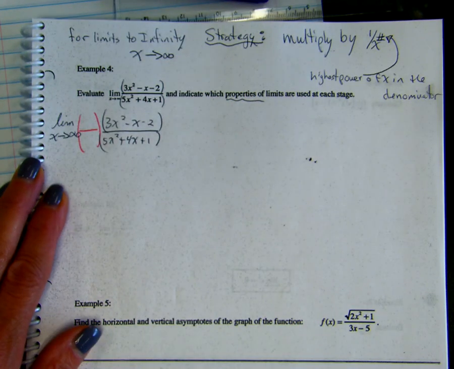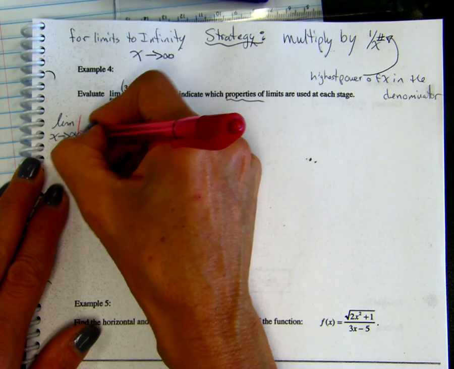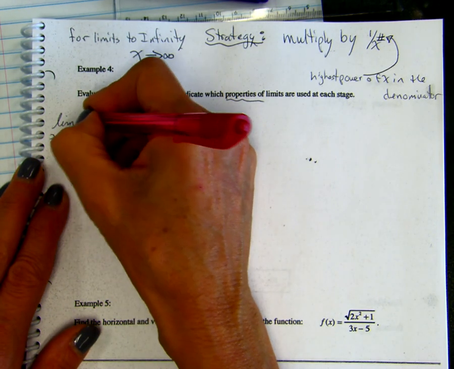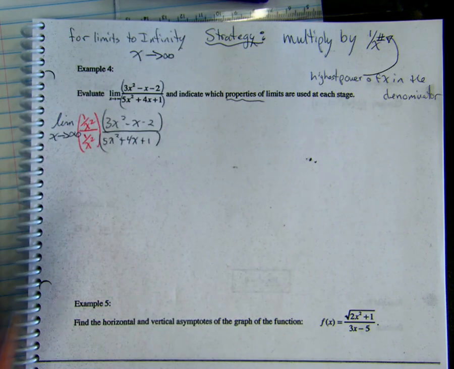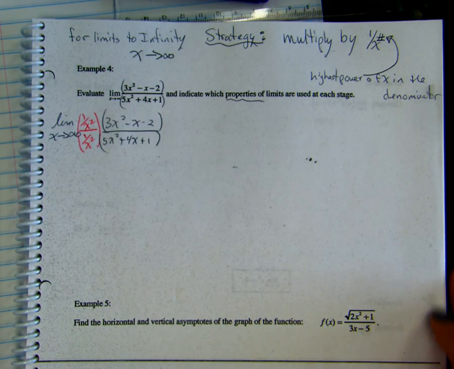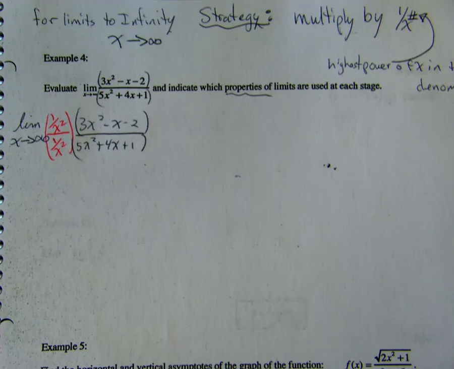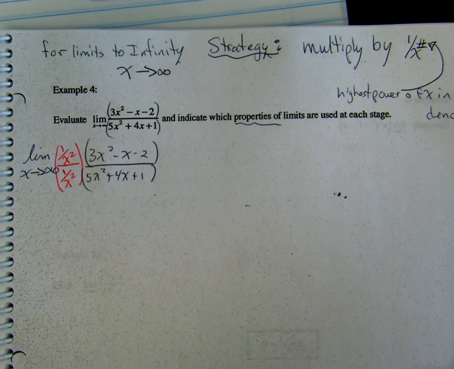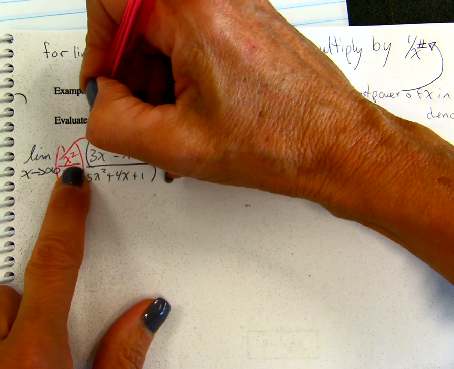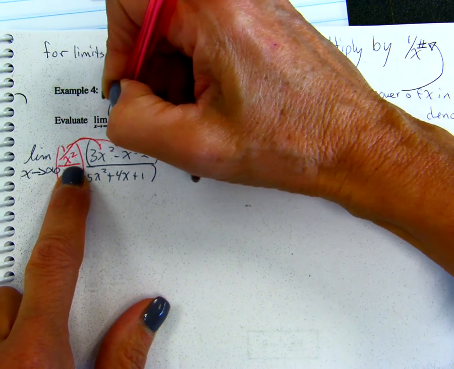So I'm going to take the top and the bottom and multiply by 1 over x squared. This is a form of 1. Top and bottom. So I'm multiplying that limit, not going to change anything.